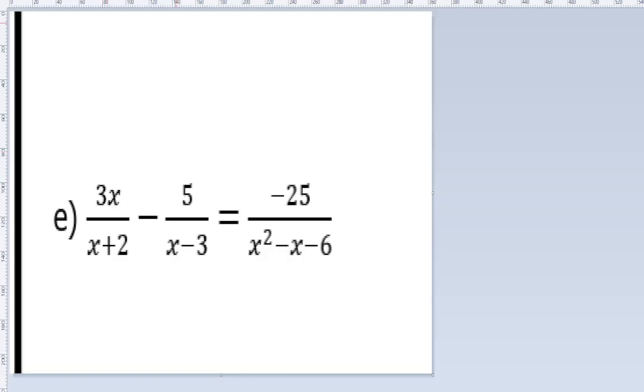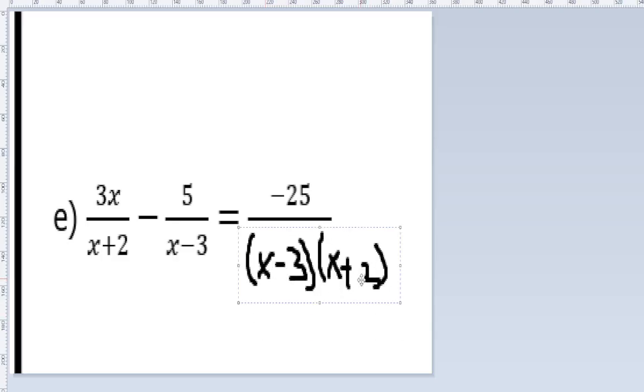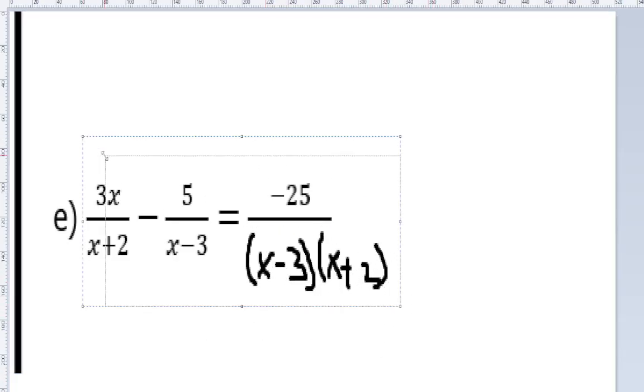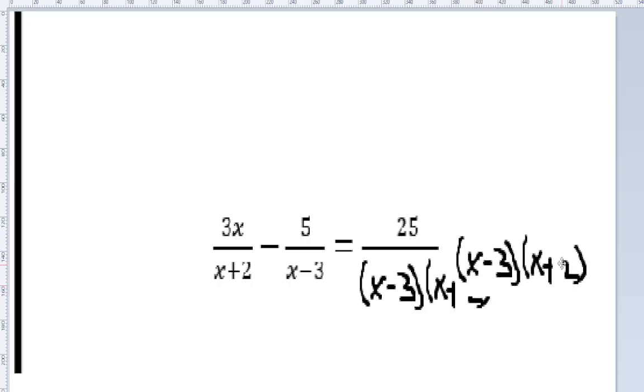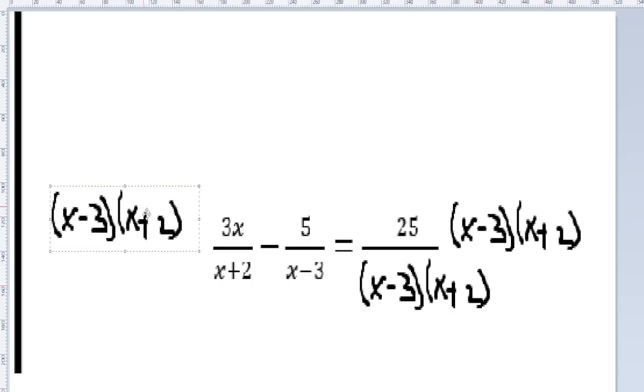You can see that the factors of this over here are x minus 3, x plus 2, which is shared on the left side. If I multiply both sides by this denominator, it disappears on the right. And on the left, this part disappears for this one, and this part disappears for this one. So essentially, this one would multiply this part.